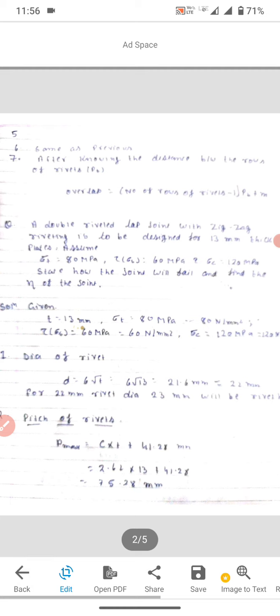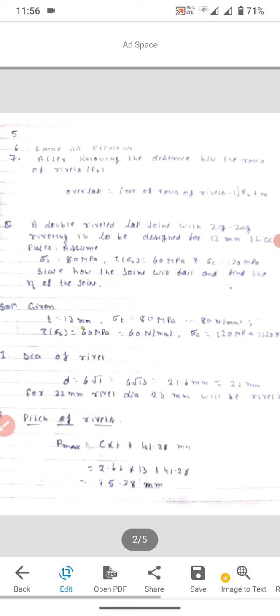Today we are going to see a numerical on boiler joint. As a design engineer, you have to design a boiler, and that will be a very big work for your career, because the failure of your design may lead to the loss of money as well as loss of life also.